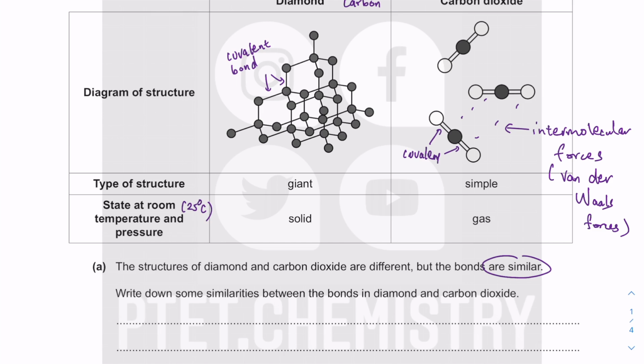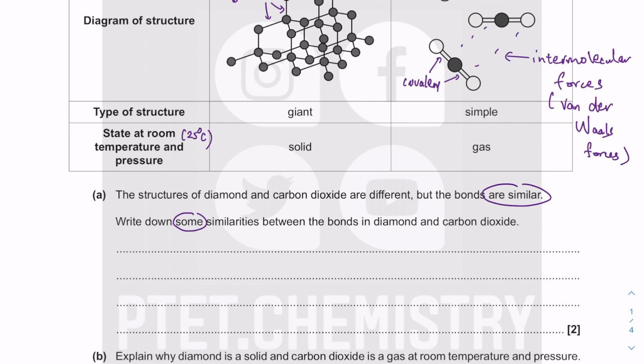So write down some similarities between the bonds in diamond and also carbon dioxide. So it said the bonds, and it said in diamond and also carbon dioxide. What can I say?